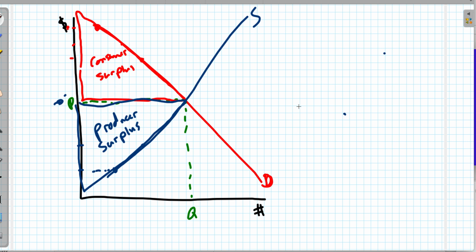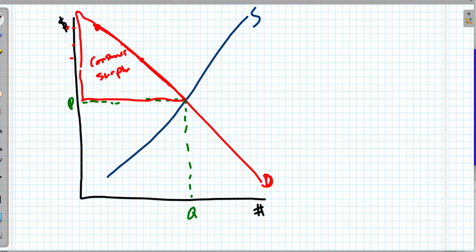What can happen sometimes, though, is the government can step in and mess up this surplus. So let me back up a second. I'm too lazy to draw this again. Let's say the government decides to add a tax.